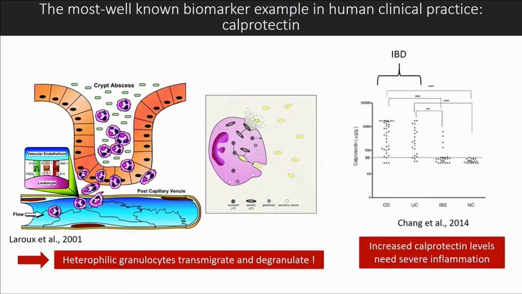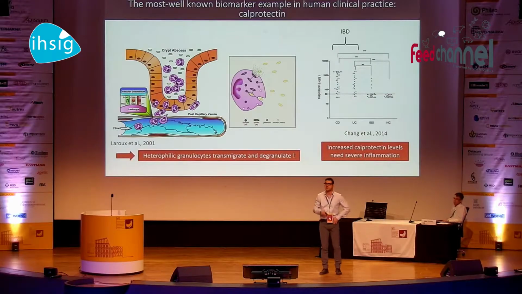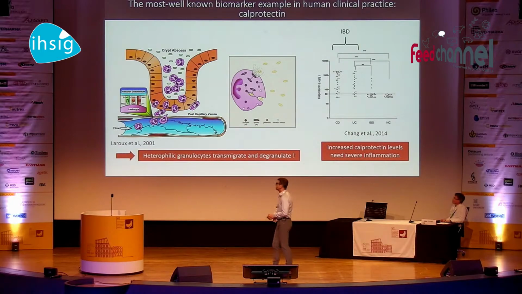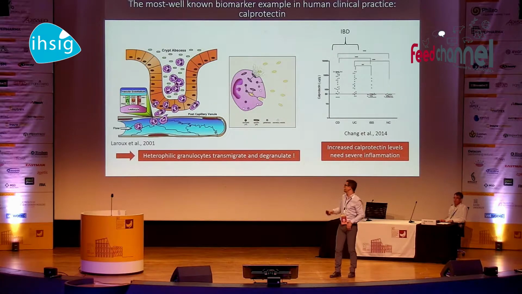This protein is present within the secretory granules of granulocytes, of neutrophils. What you see here on the left is an intestinal villus. You see these immune cells, these granulocytes, that infiltrate the gut wall when there's some kind of a trigger. Then they translocate through the epithelium and they end up in the intestinal lumen.